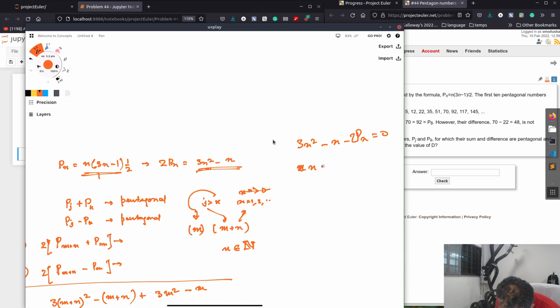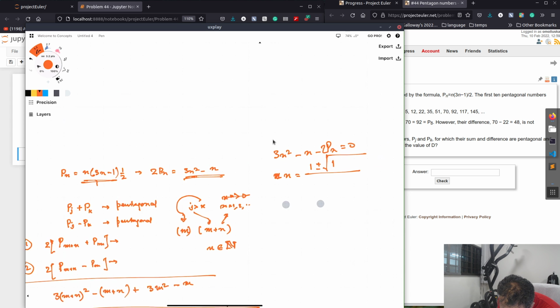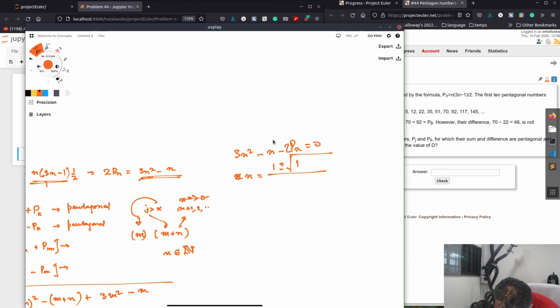So n equals minus b plus minus square root of b squared minus 4ac, over 2a, which is 6. So that's 1 plus or minus the square root of b squared plus 24p(n), the quadratic formula, over 2a. Okay, so is that a pentagonal number?